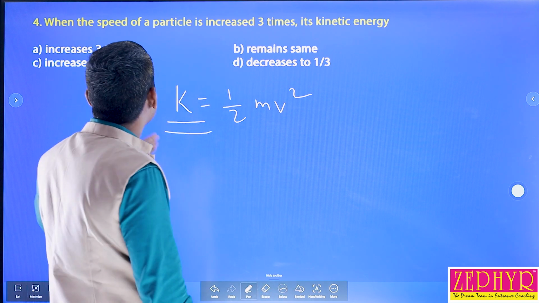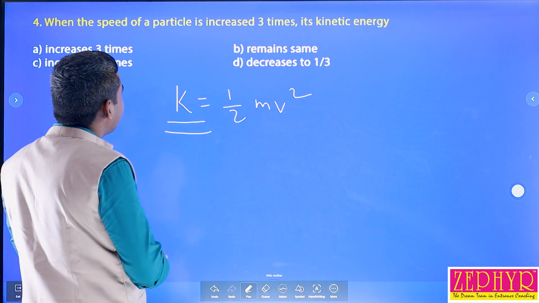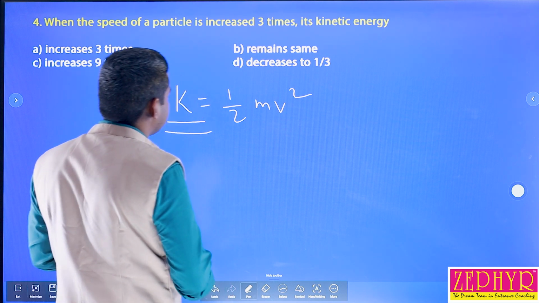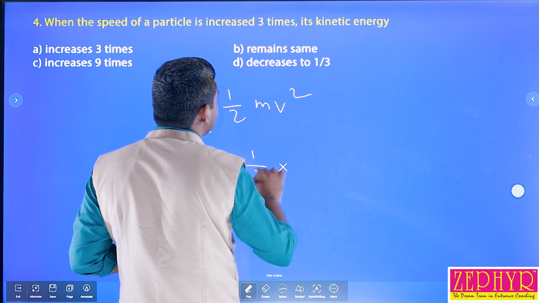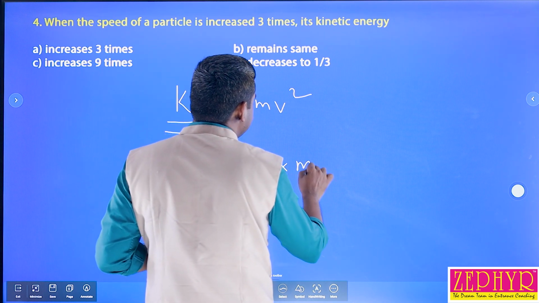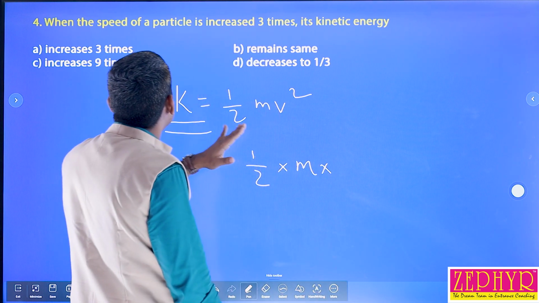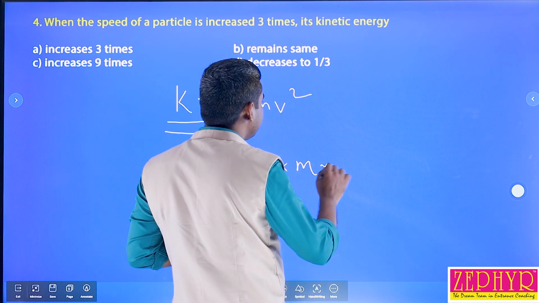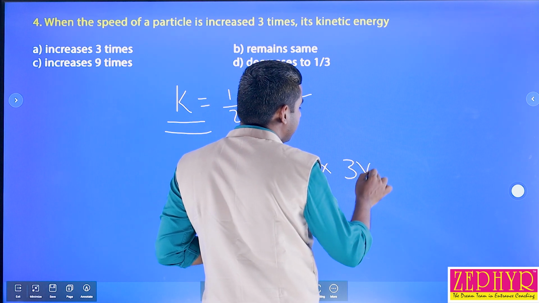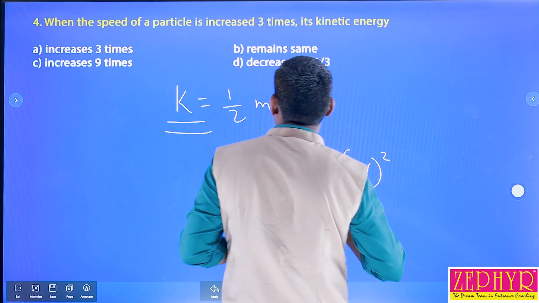So, students, the question says the speed of a particle is increased 3 times. That means it will be half into m, no idea, they didn't say anything about that. Velocity square we have, they are saying increased 3 times, v the whole square.